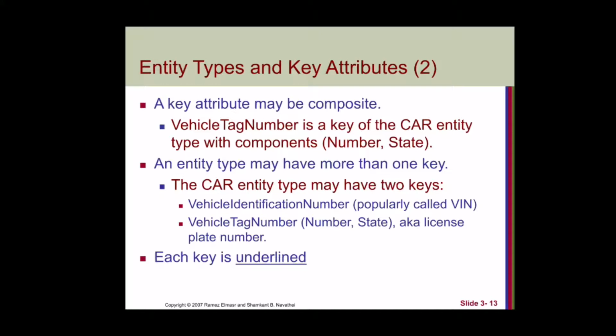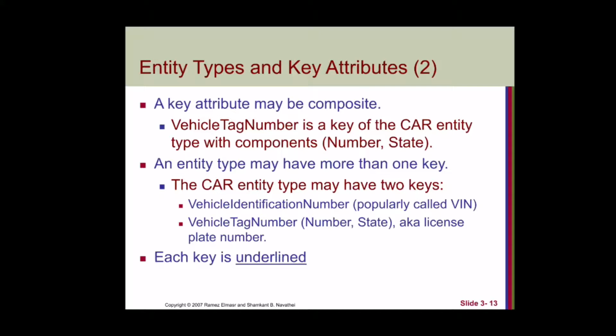One is the RTO registration number, which is a unique one, and apart from that, the people who manufacture a particular bike or car give a unique number. We call it the vehicle identification number.